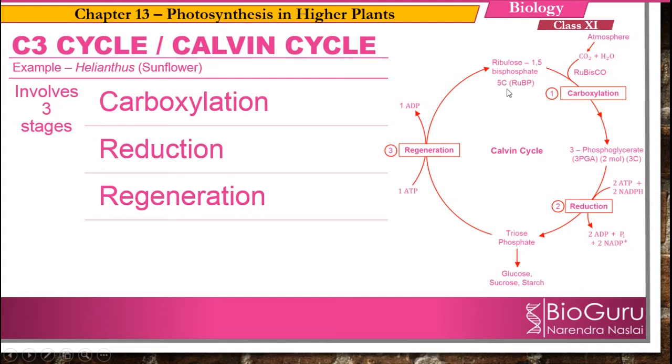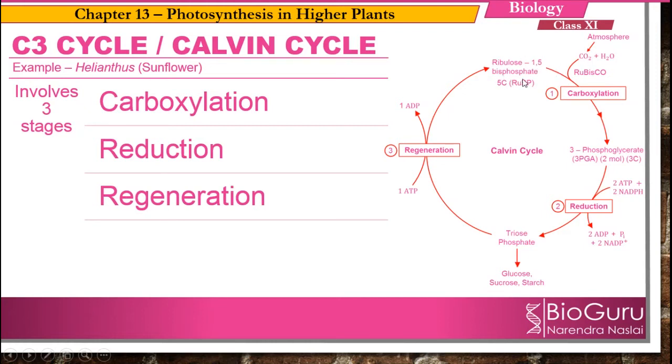Here the first compound is ribulose 1,5-bisphosphate, in short RuBP, which is a 5-carbon compound. This is going to become the primary acceptor of carbon dioxide.